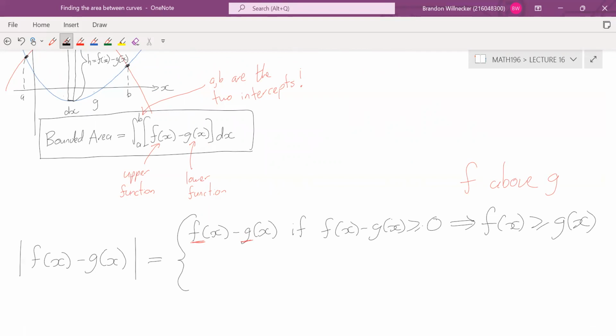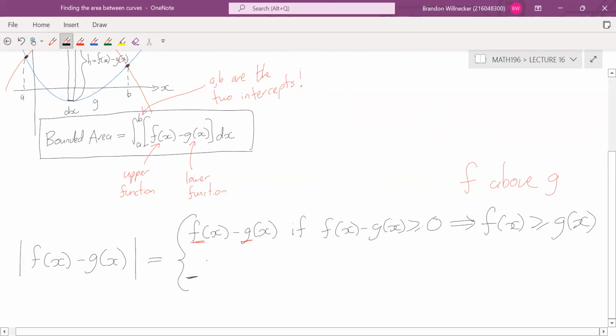And in the next case, if f of x minus g of x is negative, then we put a minus sign. So it's going to be minus f of x minus g of x if f of x minus g of x is less than or equal to 0.